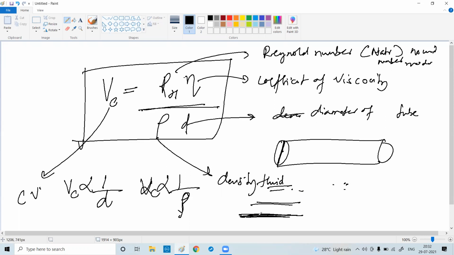Water. The velocity of the water will be faster than honey. So if the density is more, then the velocity is less.